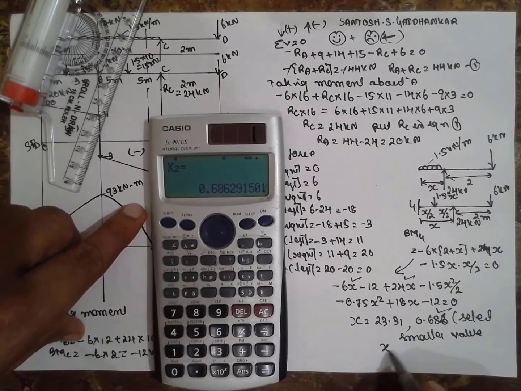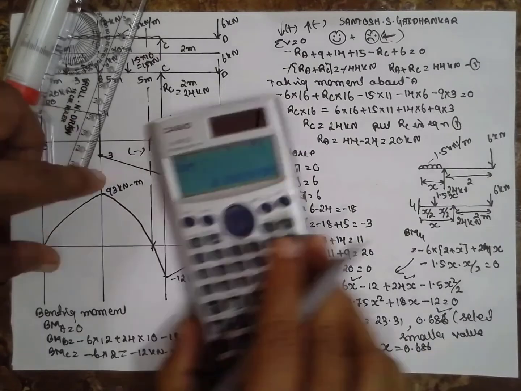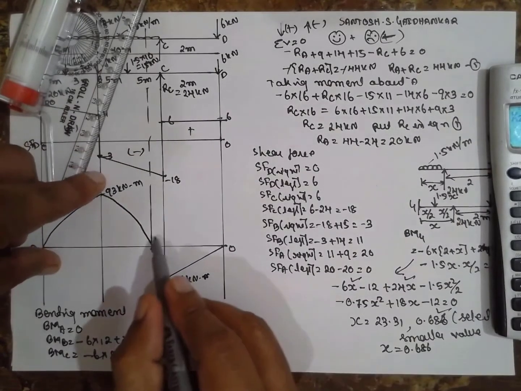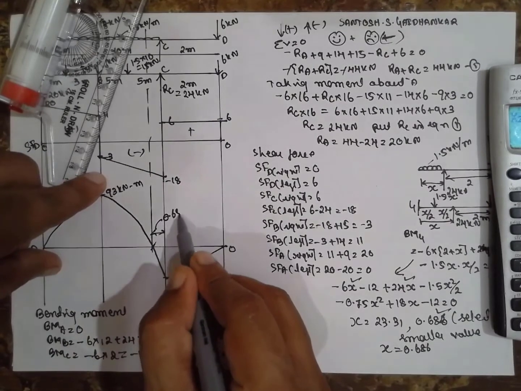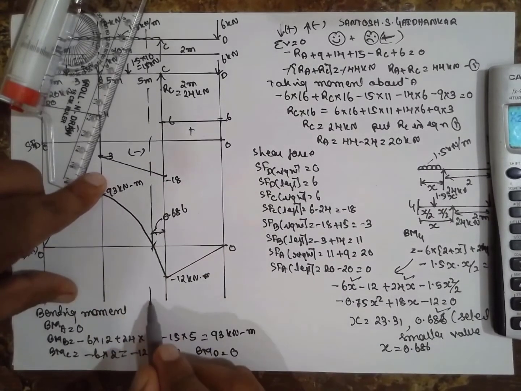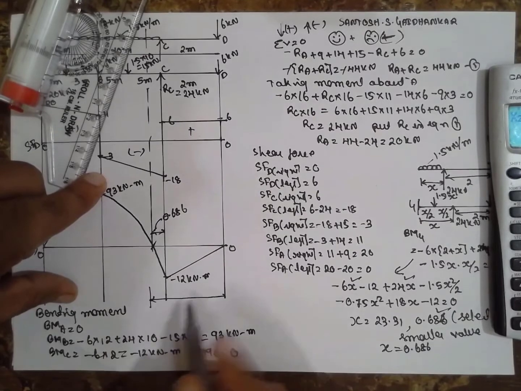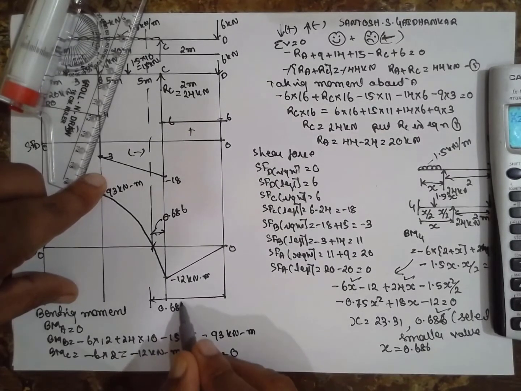Now this is nothing but 0.686. If you measure the total distance from this direction, it is 0.686 plus 2.